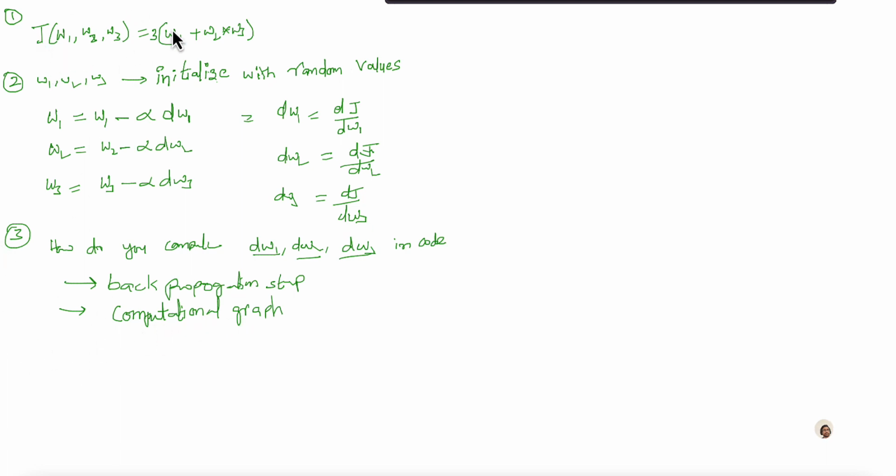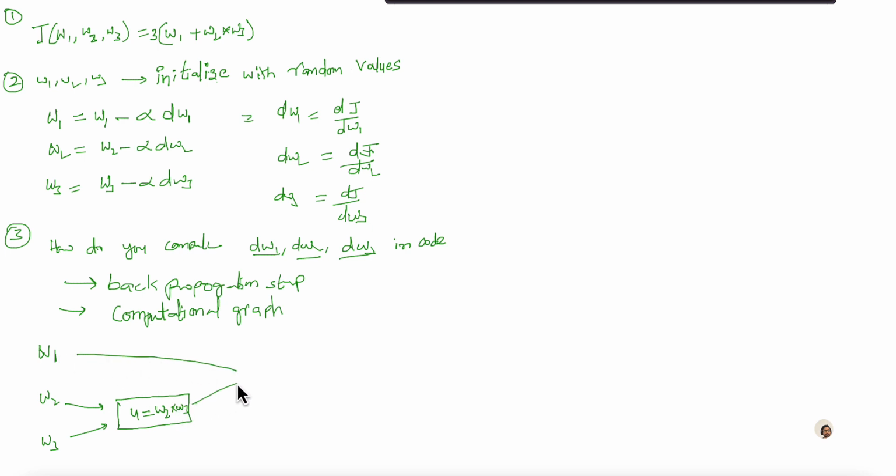For this particular function, 3 times (w1 plus w2 times w3), the computational graph can be constructed with w1, w2, w3 and the constant 3. Take w2 and w3 and say u is equal to w2 times w3.